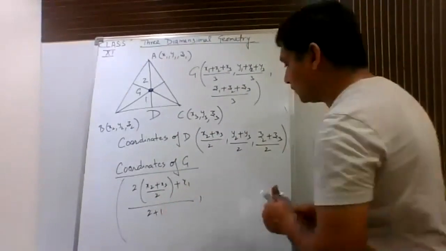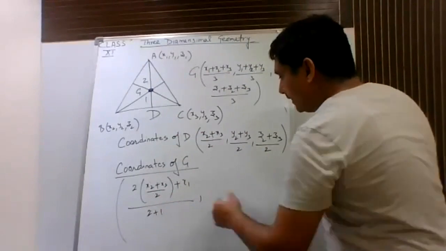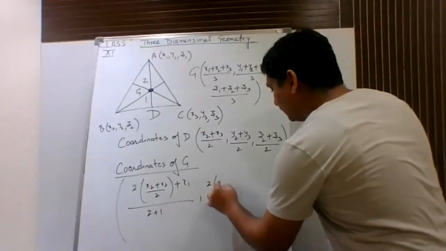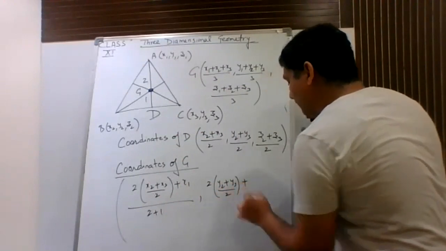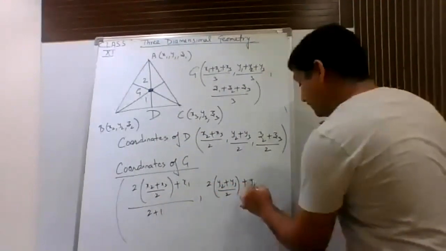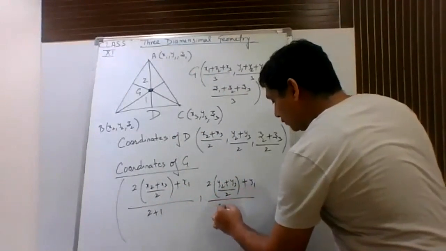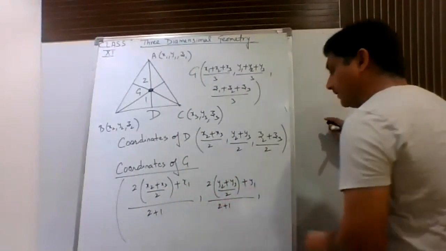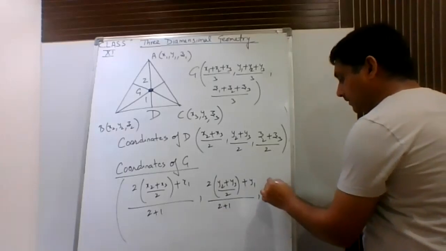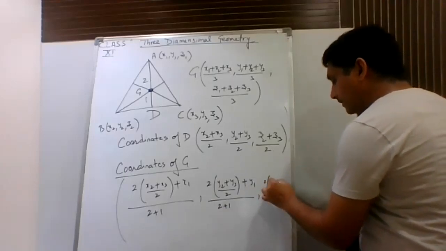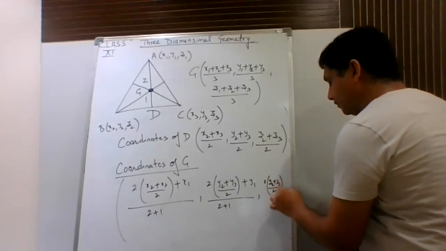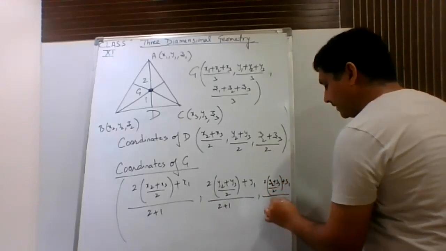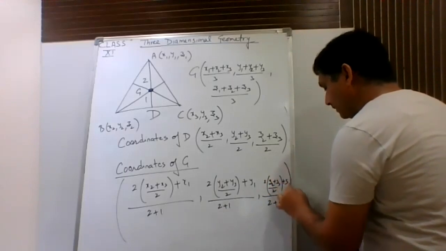So let us do that also. It will be 2 times y2 plus y3 upon 2, plus y1, upon 2 plus 1. And similarly, you can write down the z coordinate also: 2 times z2 plus z3 upon 2, plus z1, divided by 2 plus 1.